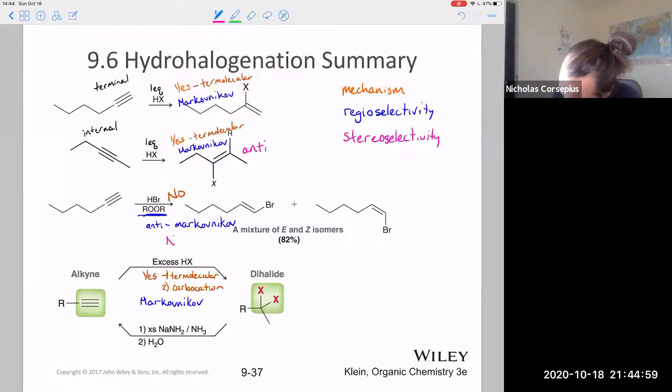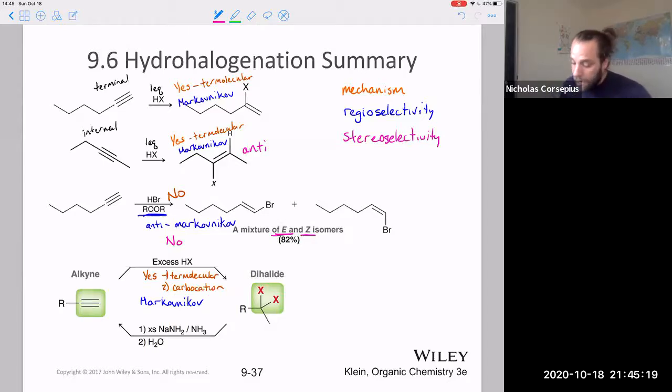Luckily, in the case of the peroxide, since it's being put on the least highly substituted carbon, you don't have to worry about that. You're going to generate a mixture of the E and Z isomers. And again, we're going to say it's a racemic mixture. There's not any sort of major or minor product. You get a mixture of both.